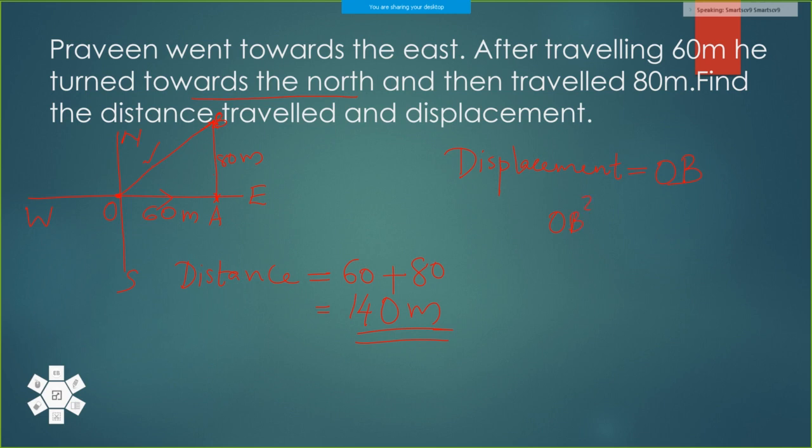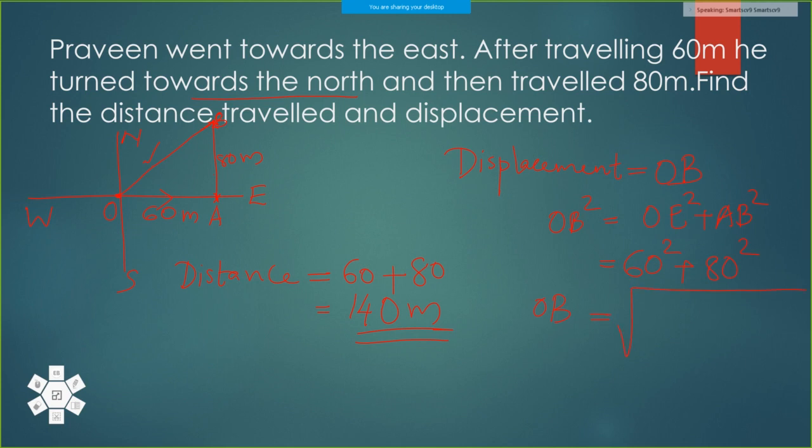So OB square is equal to OA square plus AB square. So OB square is equal to 60 square plus 80 square. Then what will be OB? Yes, OB is our displacement.